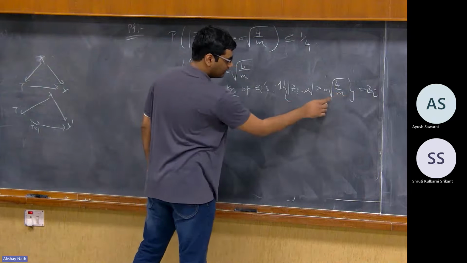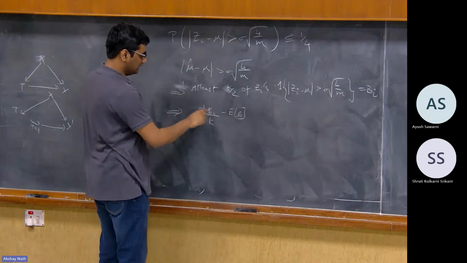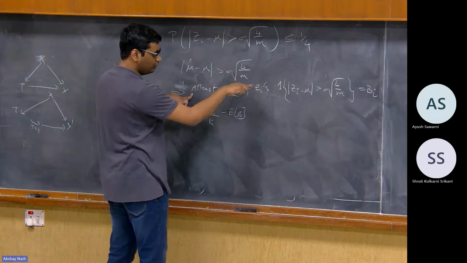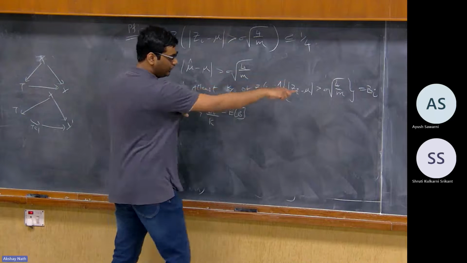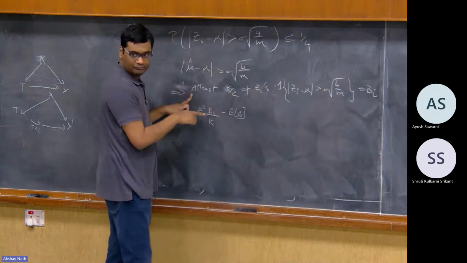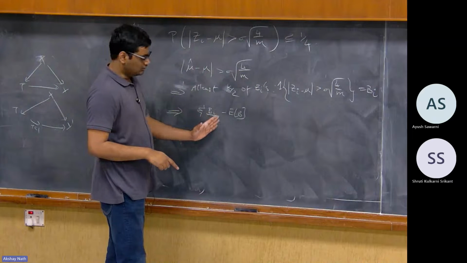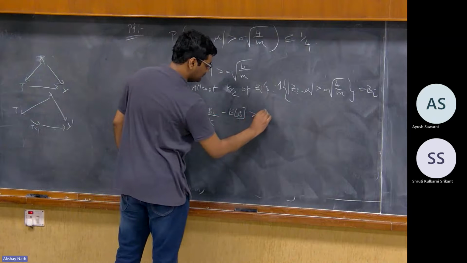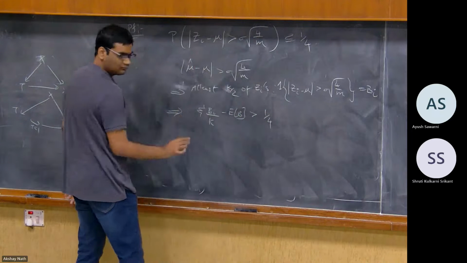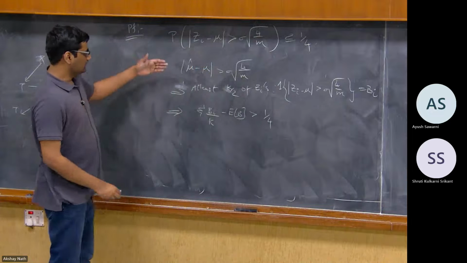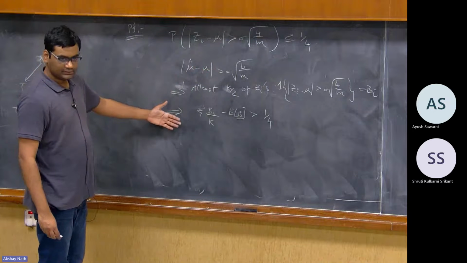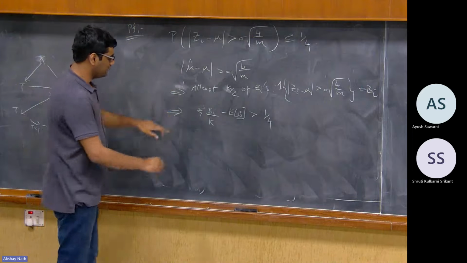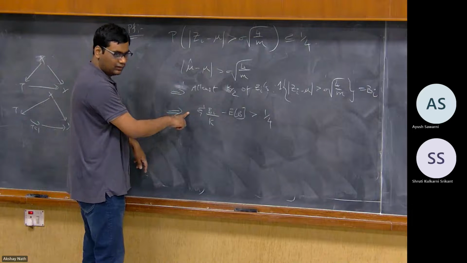For this to actually happen, at least k by 2 of the zi's have to be 1. This indicator has to be 1 for k by 2 of them. So this sum is already half. This is at most 1/4. So at least this has to be greater than 1/4. This event implies this event. Therefore, the probability of this event is upper bounded by this.